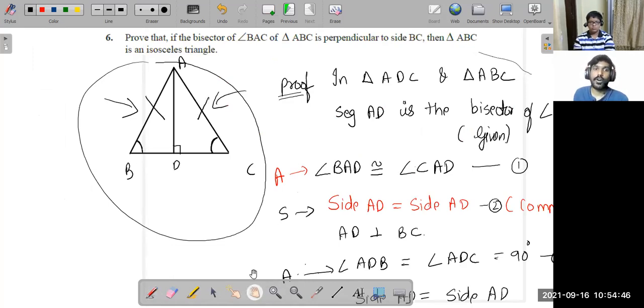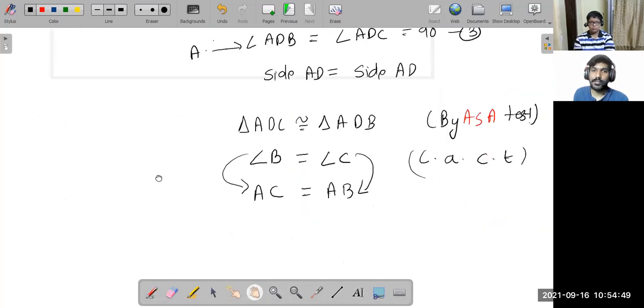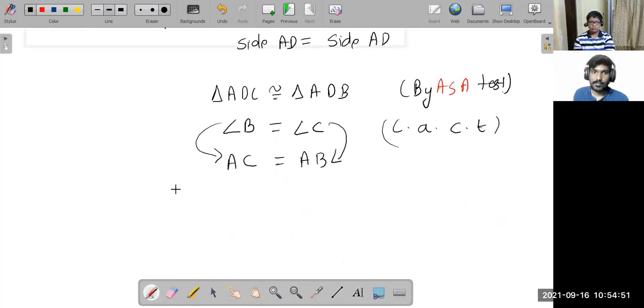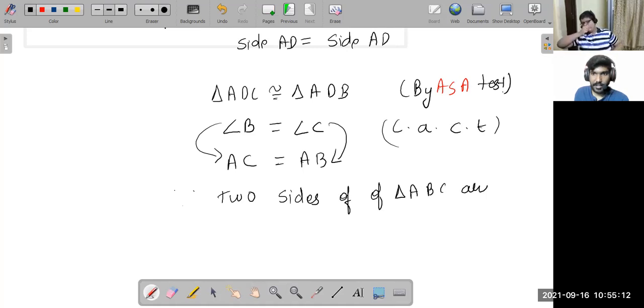Now, what do we call a triangle with two sides equal? What is the name of that triangle? Isosceles triangle. The two sides of triangle ABC are equal.